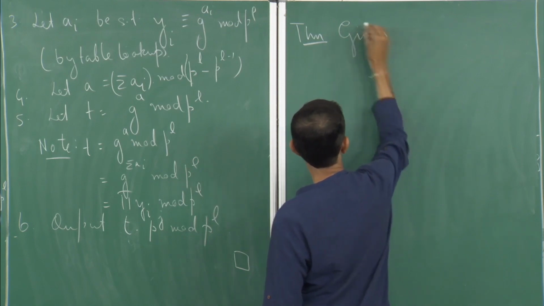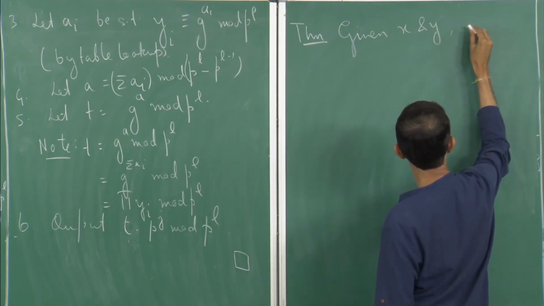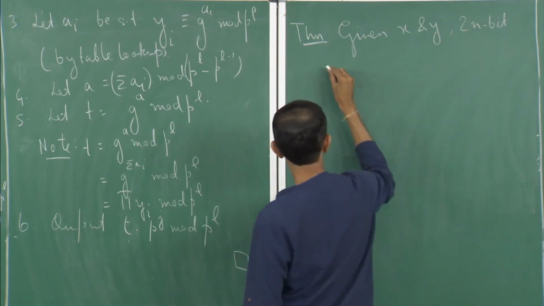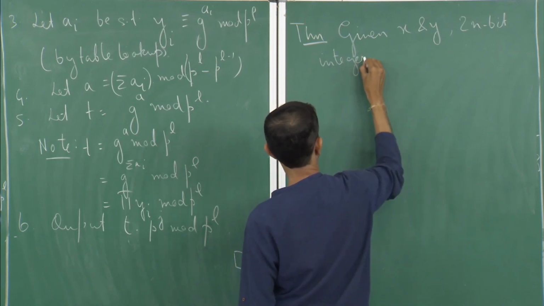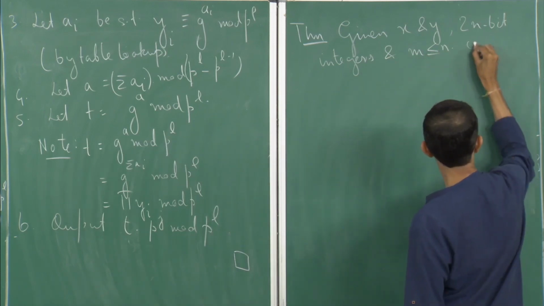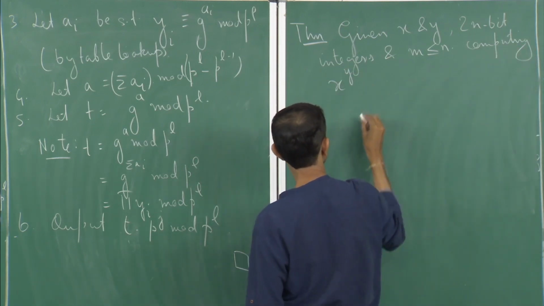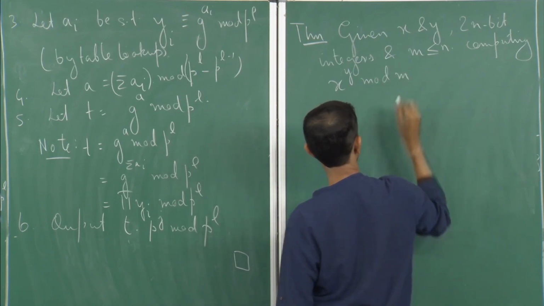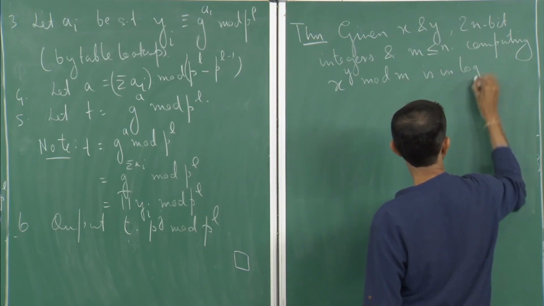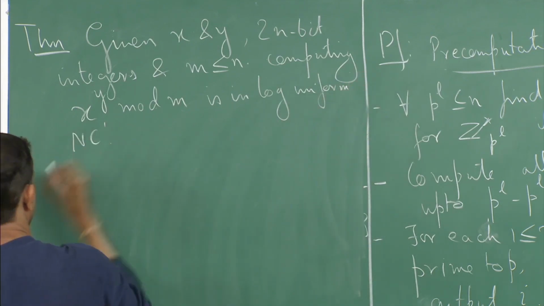Given x and y, two n-bit integers, and m which is less than or equal to n, computing x to the power y mod m is in log-uniform NC1.